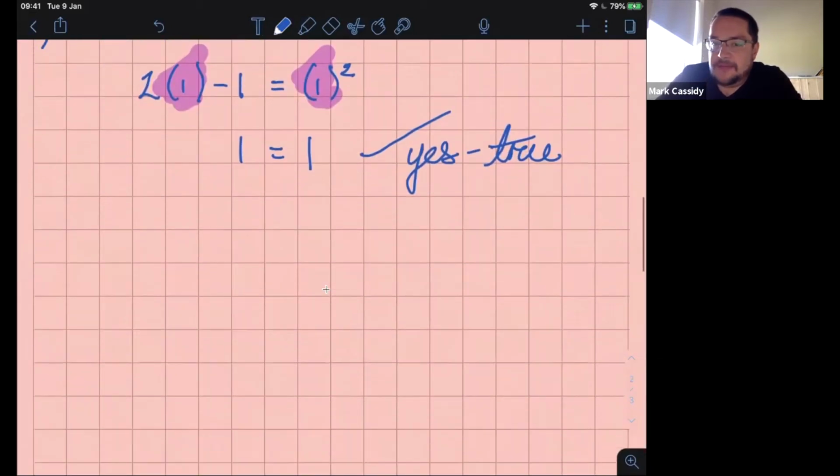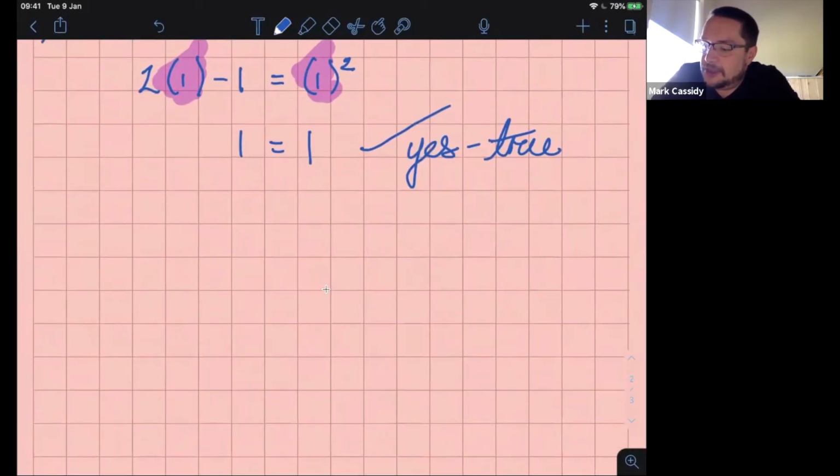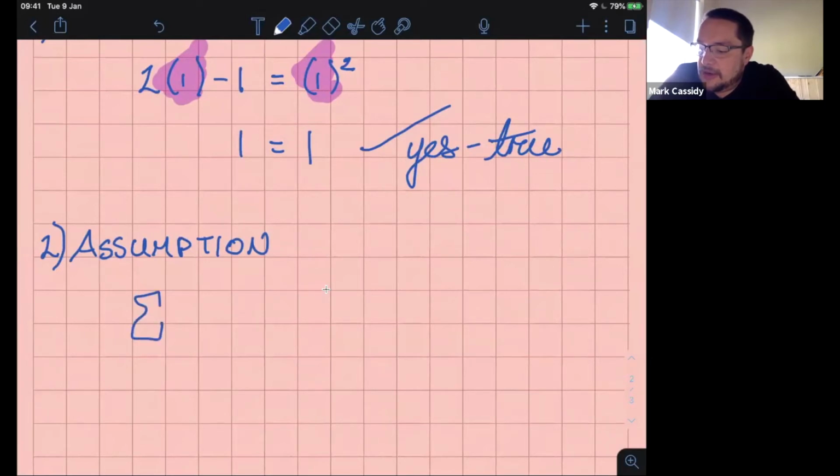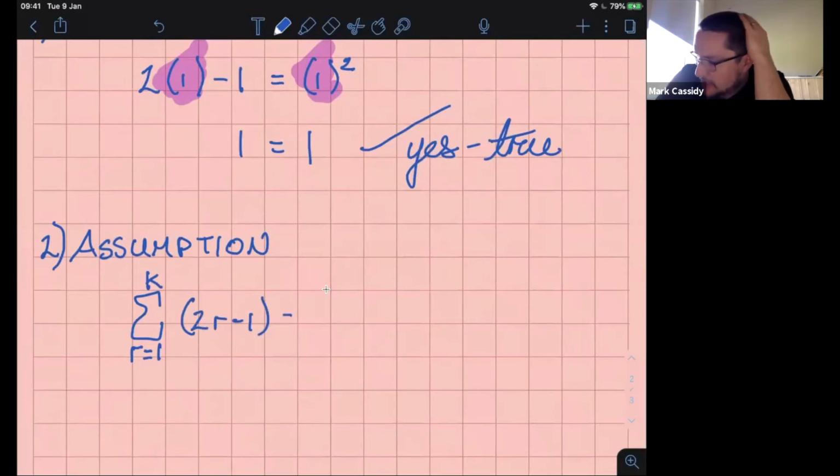Step 2 then is our assumption. So what we're going to assume is that the sum from r equals 1 to k of 2r minus 1 is equal to k squared.